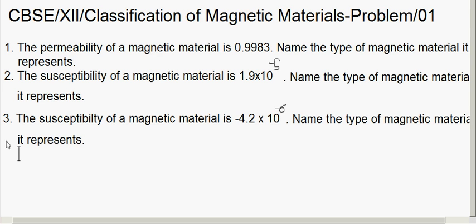Okay, so the last one, the fourth one. The relative magnetic permeability of a magnetic material is 800.